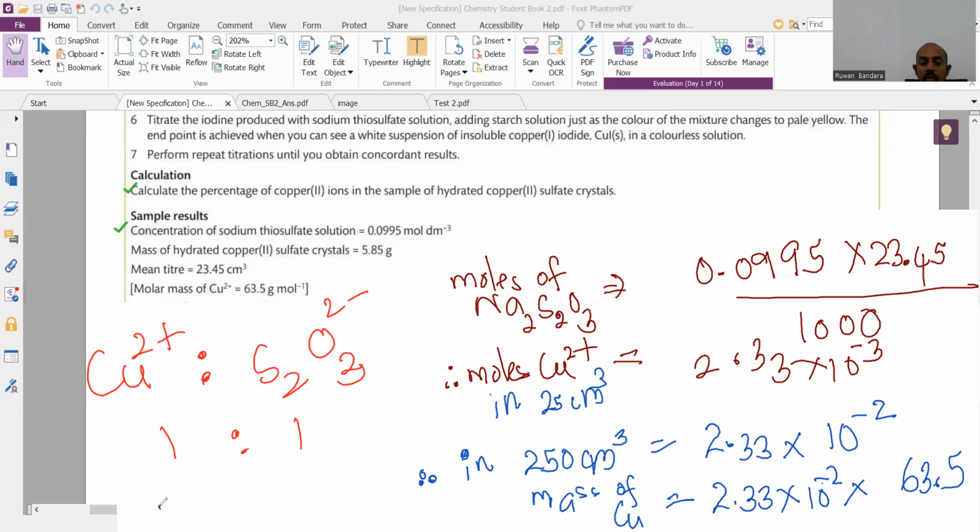Can anyone tell me the mass of copper after the calculation?